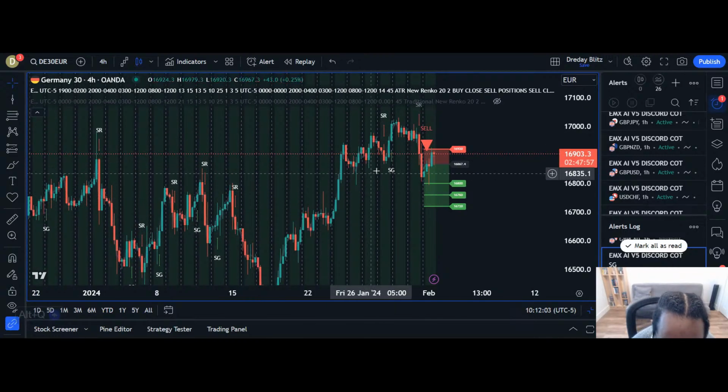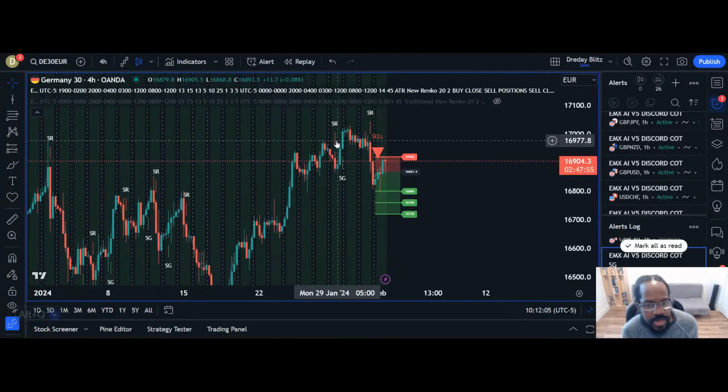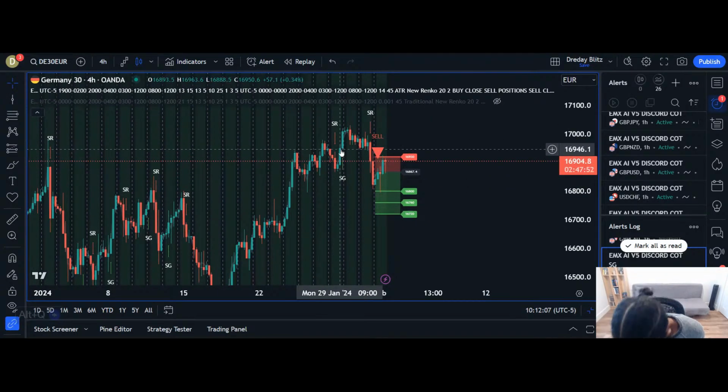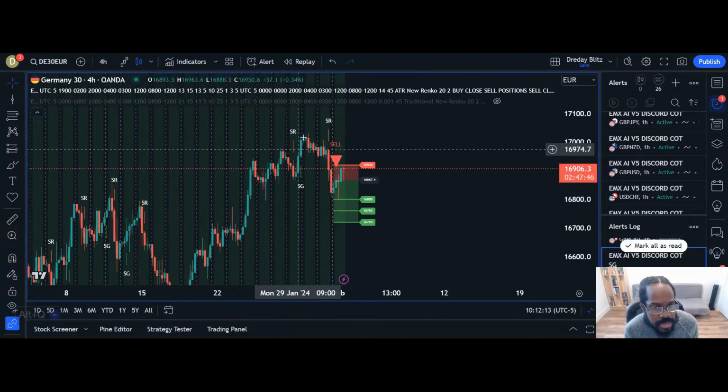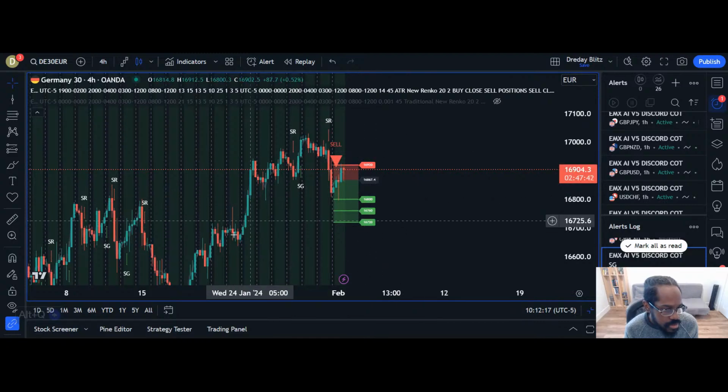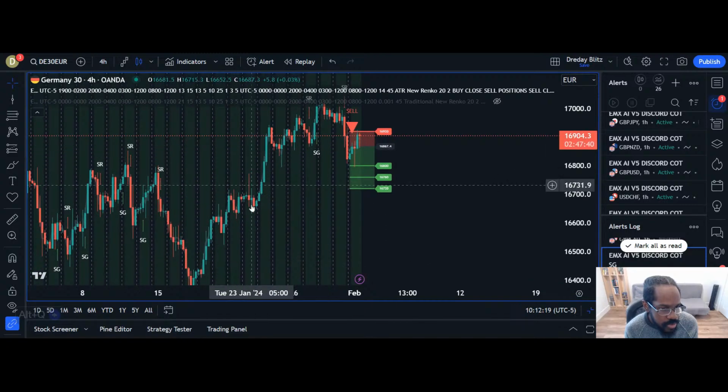But DAX is looking to do a head and shoulder right now off of the 4 hour. So this is the head, that's the shoulder, giving the second shoulder here. So it should start to go down. We want to have that gap to be filled.